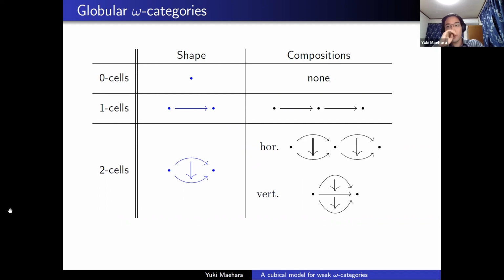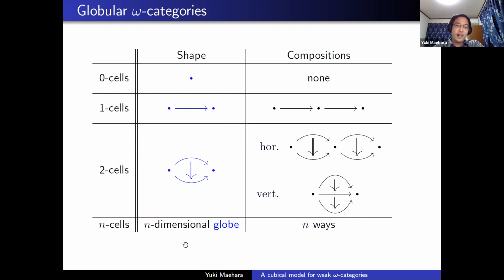Generally, we can have for any non-negative n, n cells which are shaped like the n-dimensional globe.